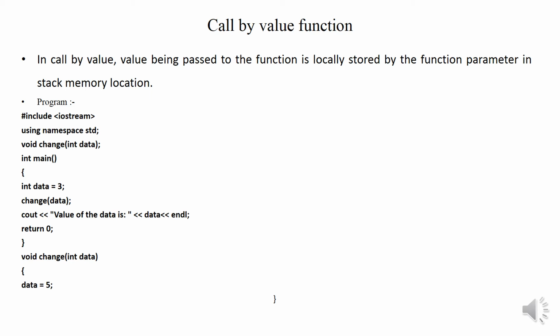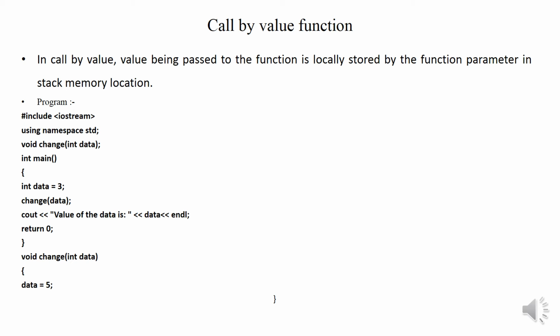So that set of instructions or the procedure or the subroutine is called a function. The function is of two types. First, call by value function, and second one is call by reference function.